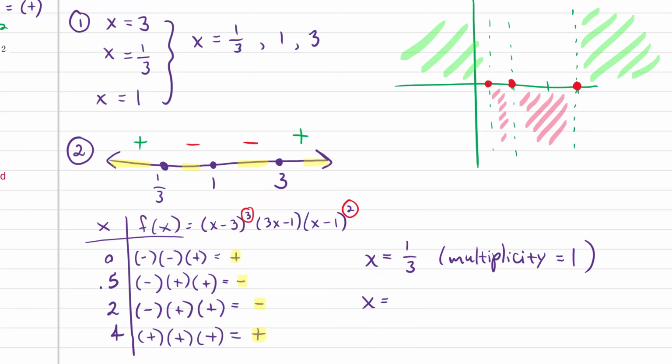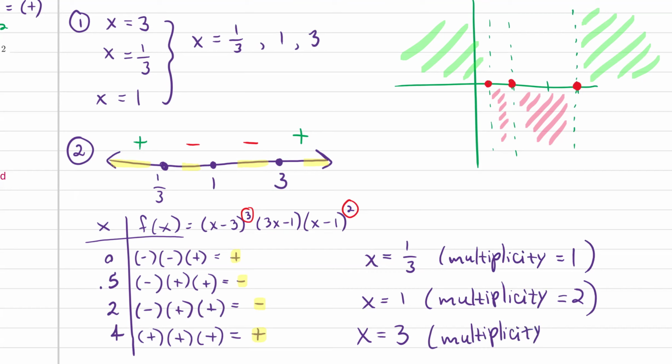The next one in order was positive 1. That had a power of 2, so that means its multiplicity was equal to 2. And the last one had multiplicity of 3. Again, why? Because that was the power associated with that specific solution.